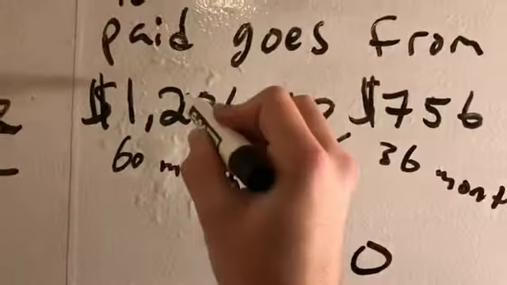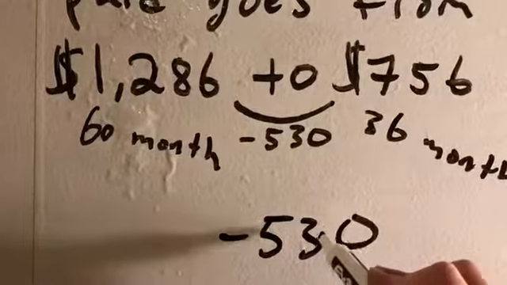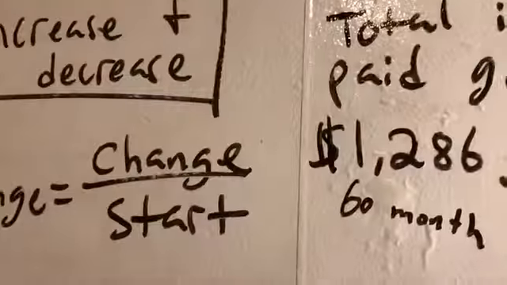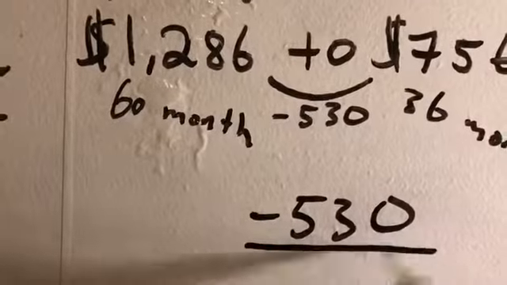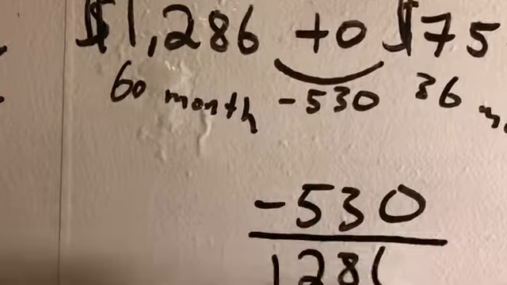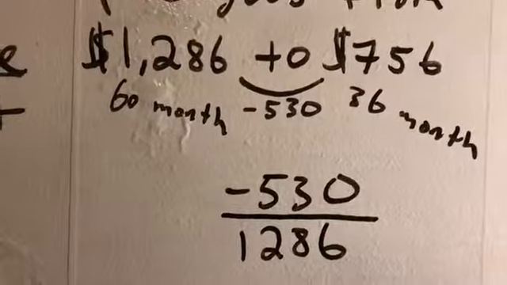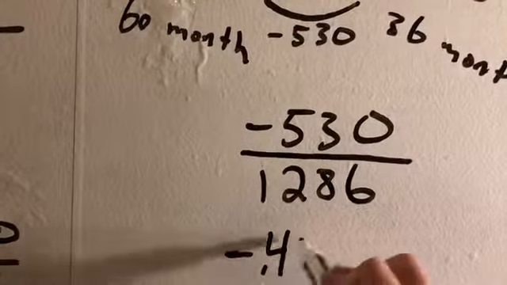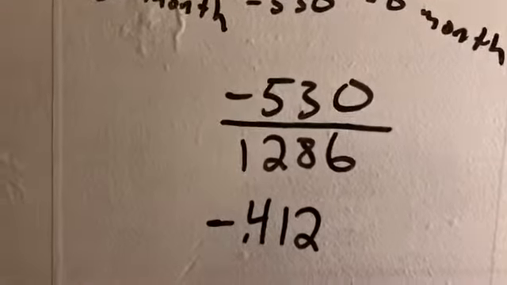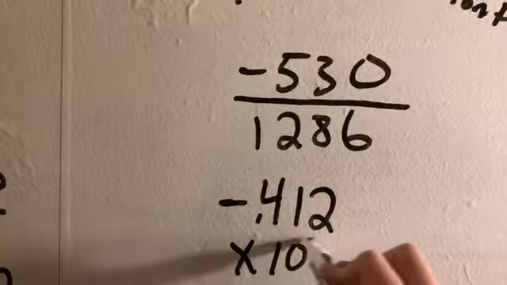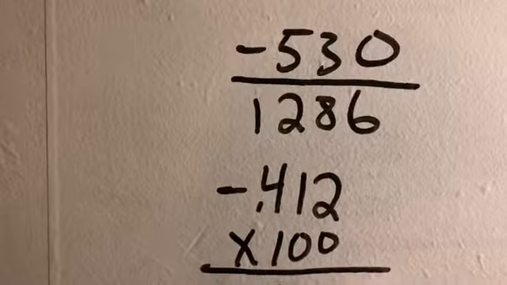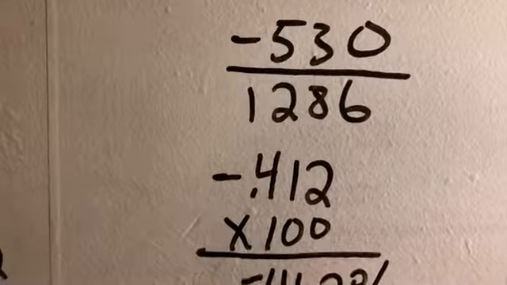The change is negative 530. Now I need to divide that by where we started, 1,286. So change divided by the start gives me negative 0.412. Now we need to turn this into a percent, which means times 100. And we end up getting negative 41.2%, a percent decrease.